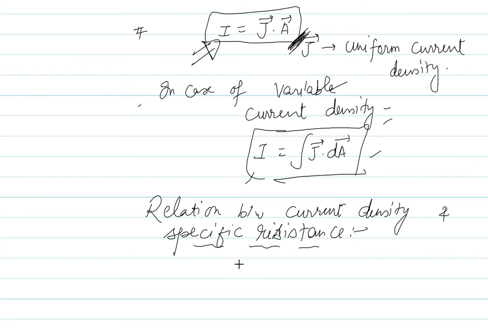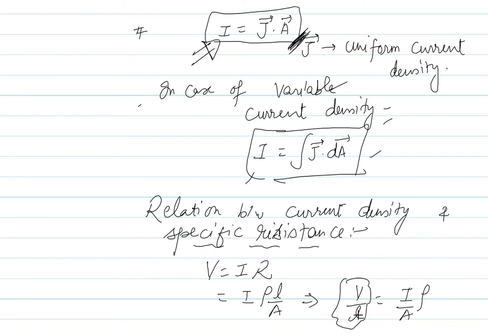So once again, let's come back to the expression V equals IR. This is Ohm's law, right? Now I can write R in terms of rho, that is rho L by A. Is it clear? Now further I can write V by L equals I by A into rho, right? And if you remember, V by L represents what? Electric field.